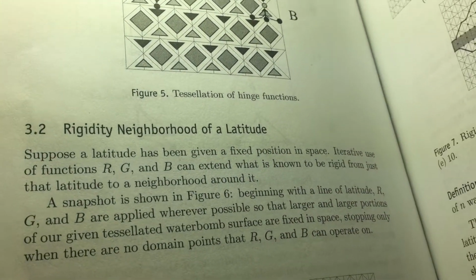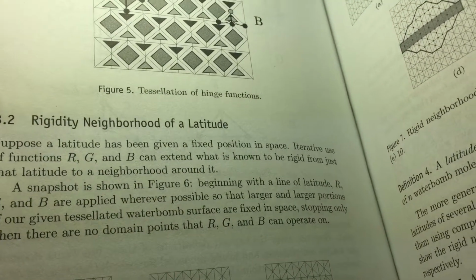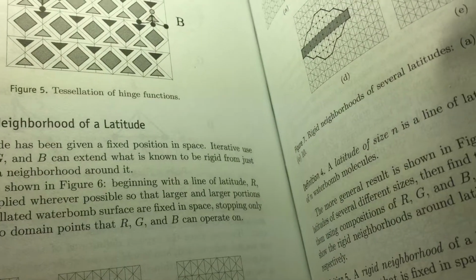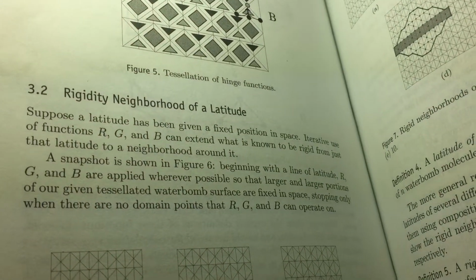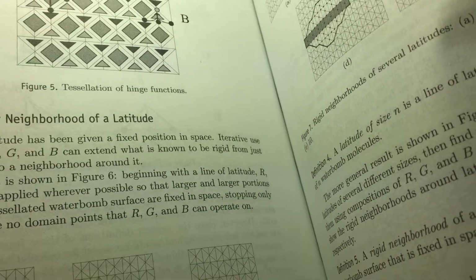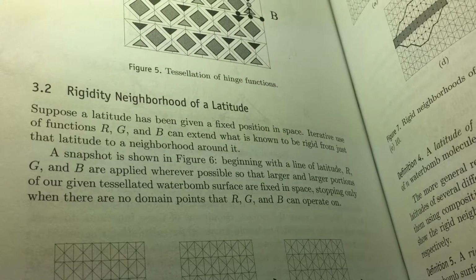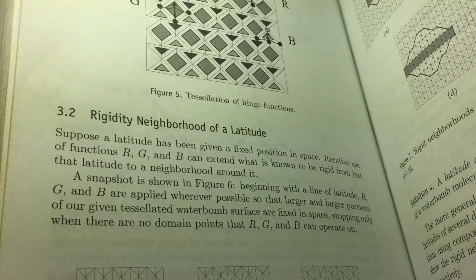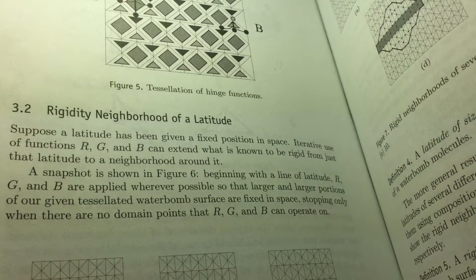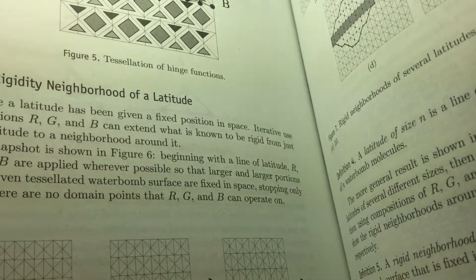Rigidity neighborhood of a latitude. Suppose a latitude has been given a fixed position in space. Iterative use of functions R, G, and B can extend what is known to be rigid from just that latitude to a neighborhood around it. A snapshot is shown in Figure 6, beginning with a line of latitude.